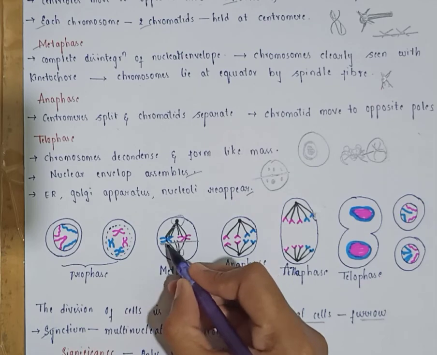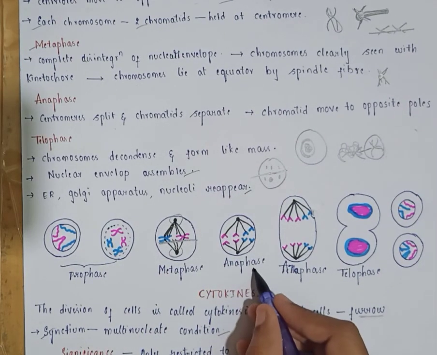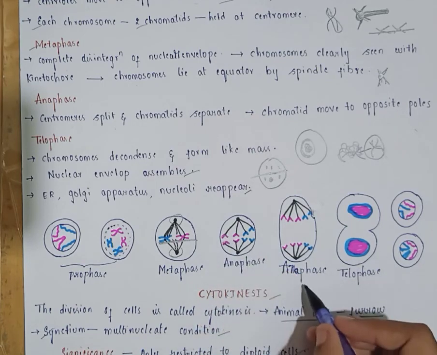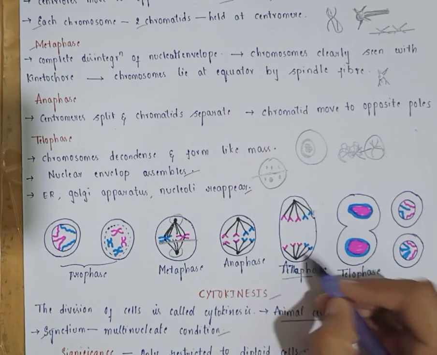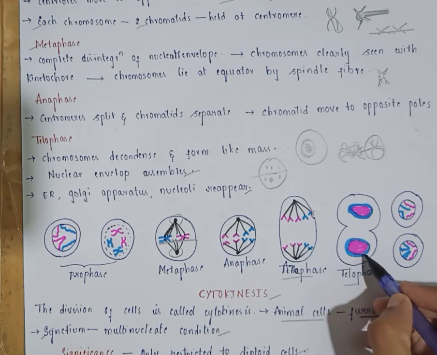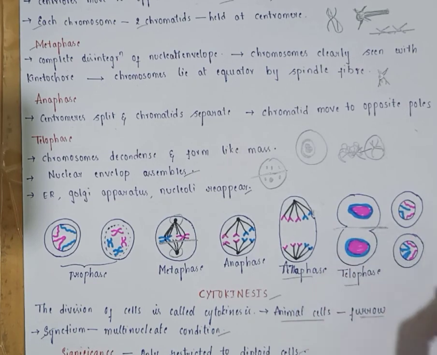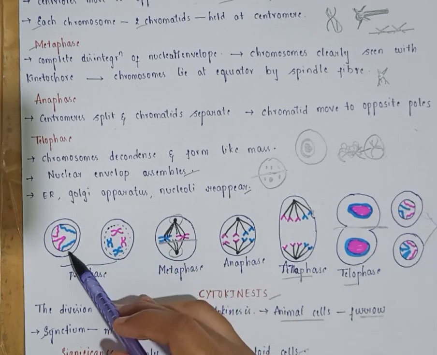The spindle apparatus makes these chromosomes align in the equatorial plane, and during the anaphase the sister chromatids separate from the chromosome, and during the late anaphase they move to opposite poles. In telophase they again decondense and form a mass or network structure, and after cytokinesis these two cells get separated and finally two daughter cells are formed from the single cell.